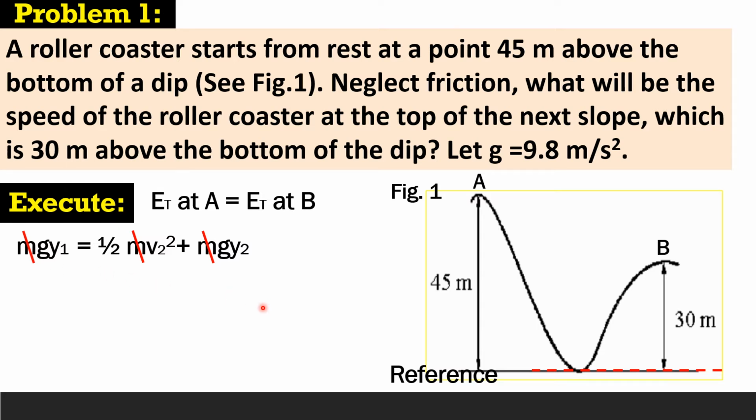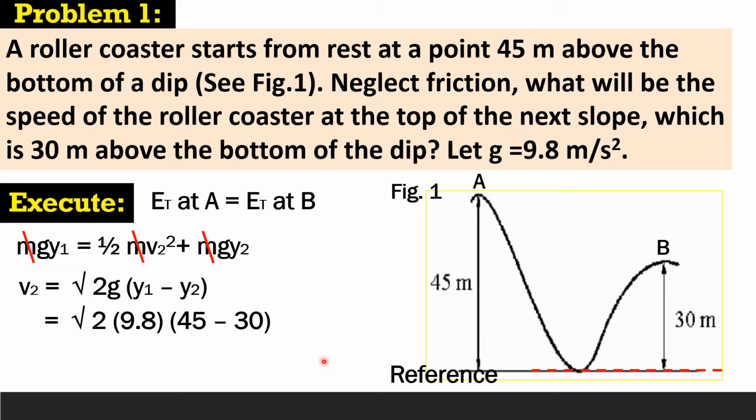Proper simplification will give us the equivalent formula in finding the speed v2. That is, v2 must be equal to the square root of 2g quantity y sub 1 minus y sub 2. And when we substitute the given quantities, we will get the square root of 2 times 9.8 multiplied by 45 minus 30 meters.